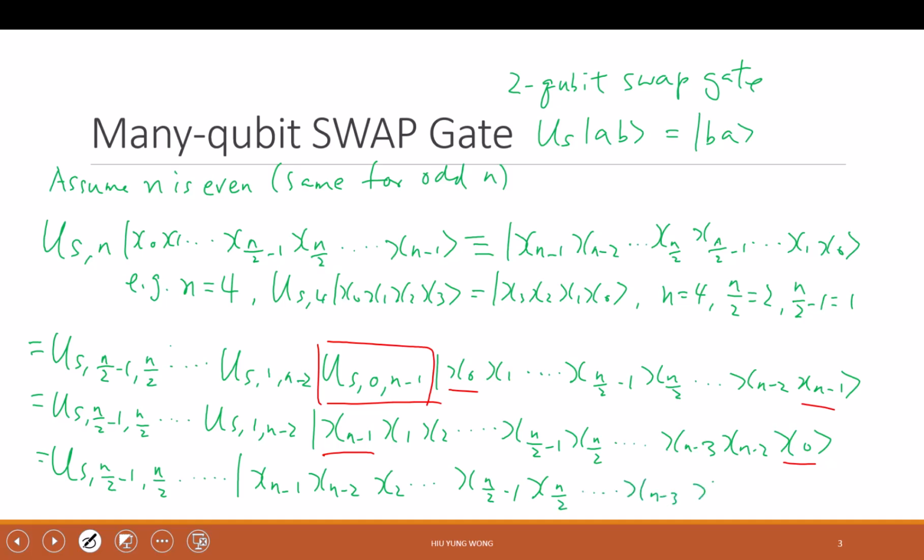And this one has x2, x1, x0, right? So this time I finish the swapping of these two, because I swap 1 and n minus 2. So now n minus 2 is here and 1 is here.